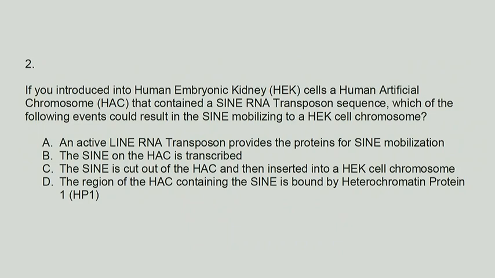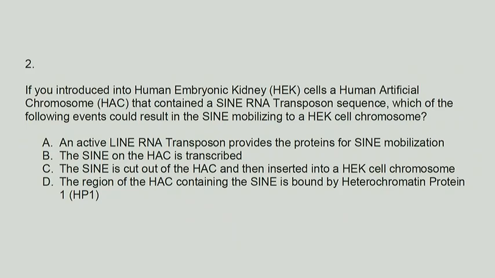Oh, sorry. And then the region of the HAC containing the SINE is bound by heterochromatin protein 1. Do you think this is consistent with what we've said so far? I see no's. Why is heterochromatin protein 1 inconsistent with what we're looking at here?